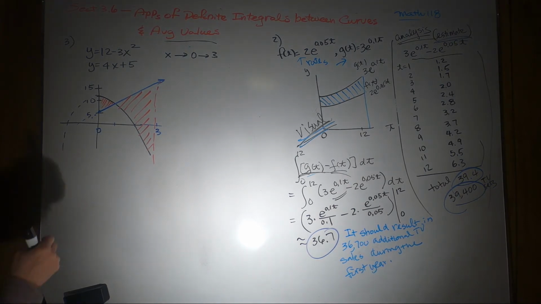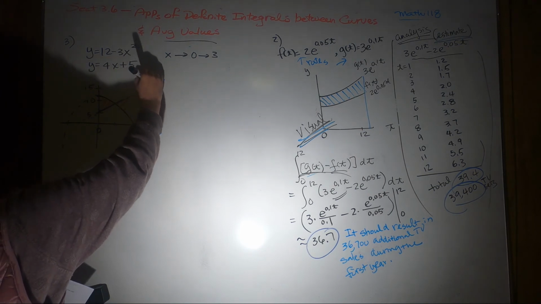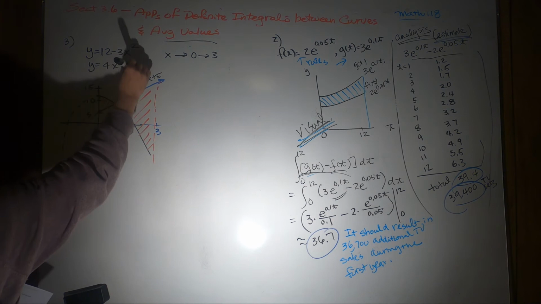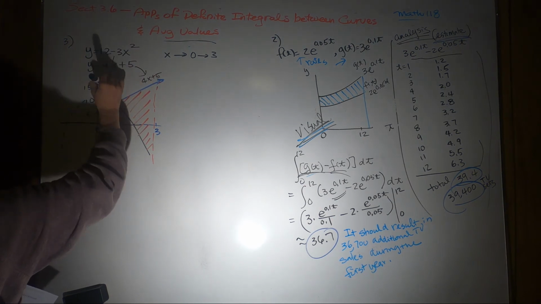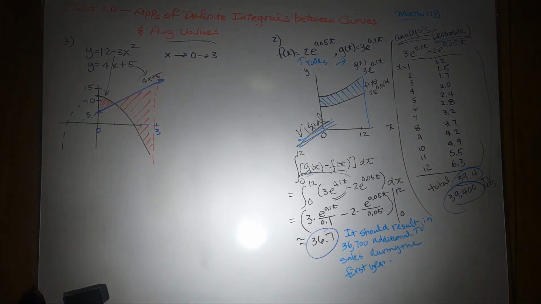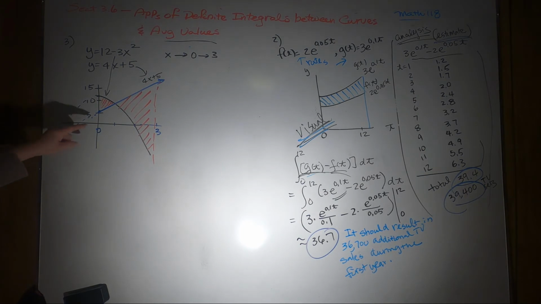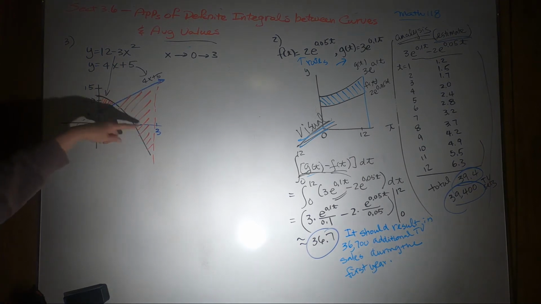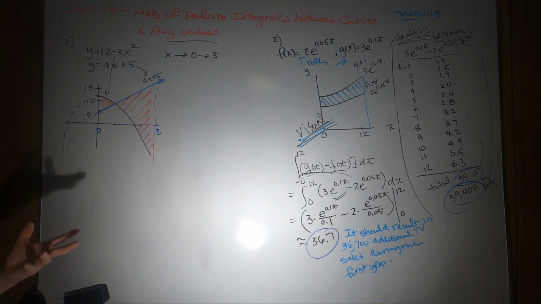Okay, so this one is 4x plus 5. And this curve, that would be that, right? Then, if you use the black one minus the blue one, the black one minus the blue one here will be negative. We don't want to do that.